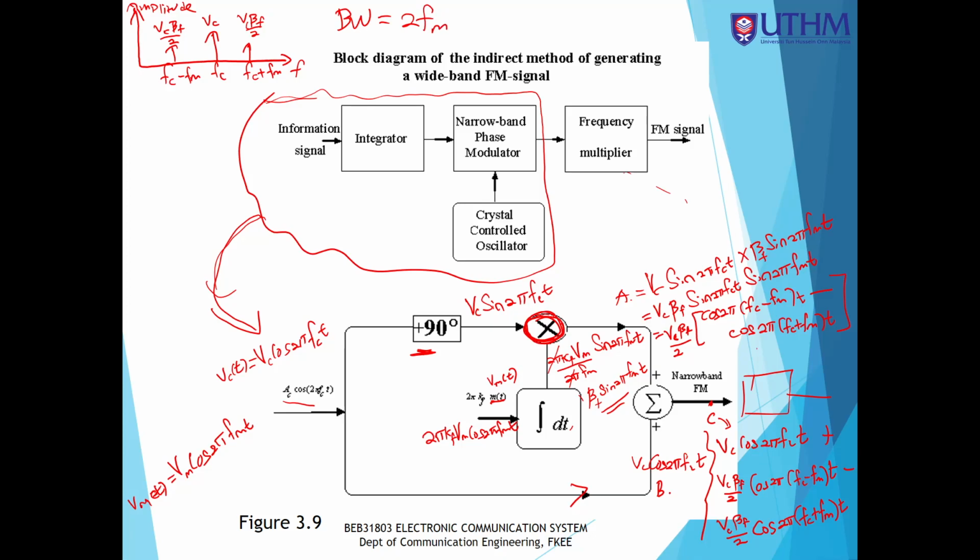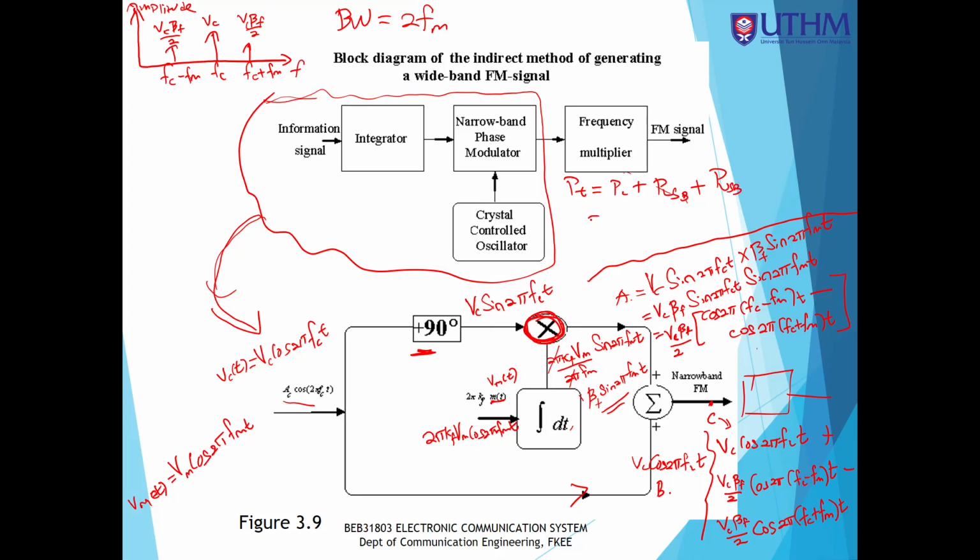What about the power? When we want to calculate the power, P total is equal to PC plus P LSB plus P USB.